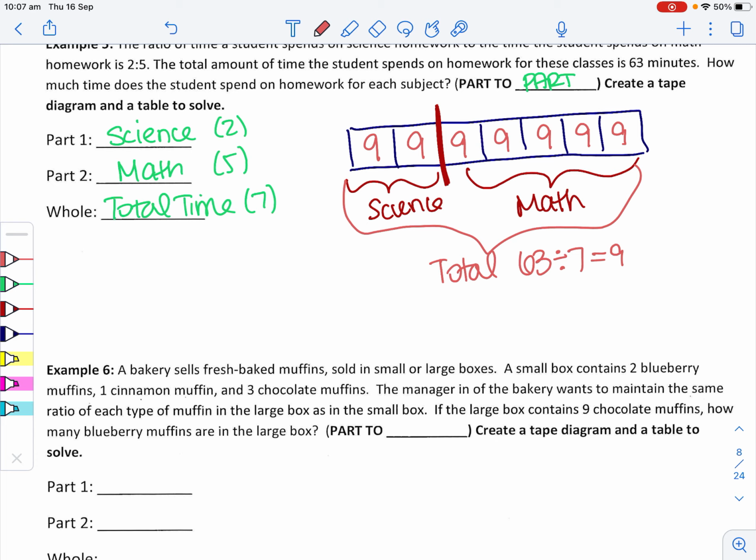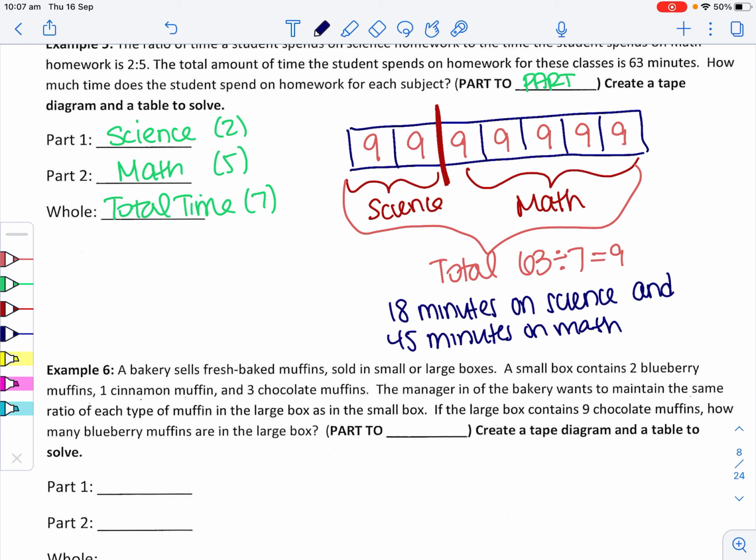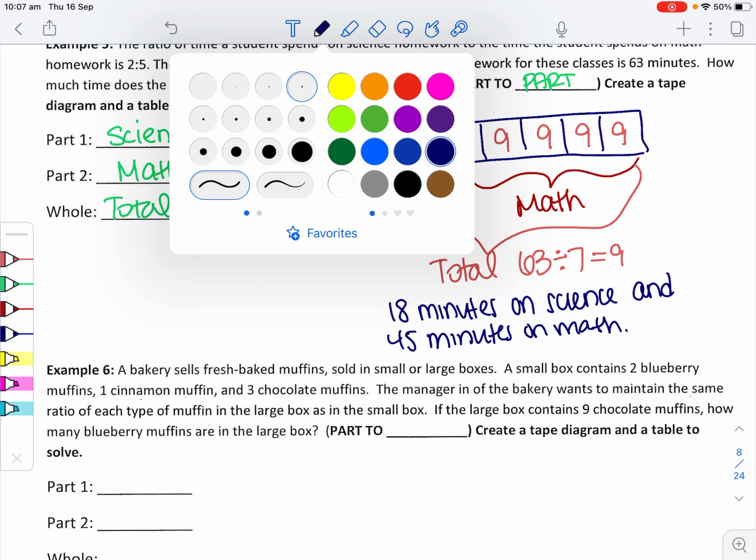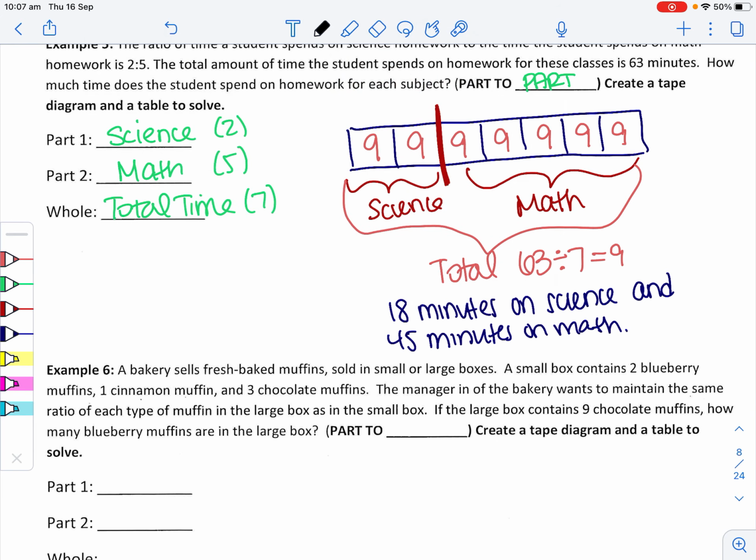And I've got it broken into my 2 parts. So they spend 18 minutes on science and 45 minutes on math. Okay, because 9 times 2 is 18, and 9 times 5 is 45.